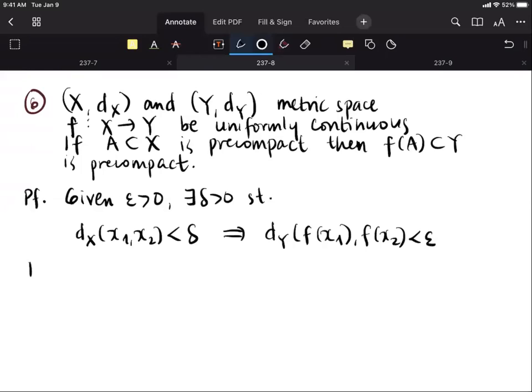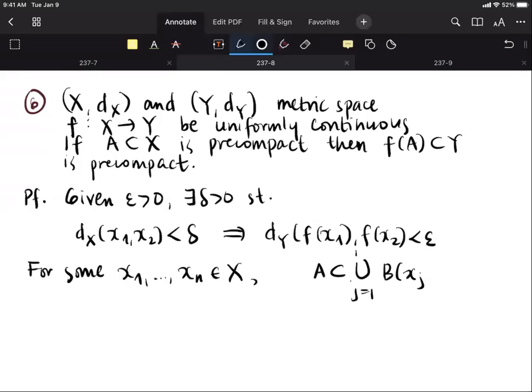Now, according to the pre-compactness of A, for some x1 up to xn in X, A can be covered by the balls centered at xj, j from 1 to n, with radius delta, since delta is positive.